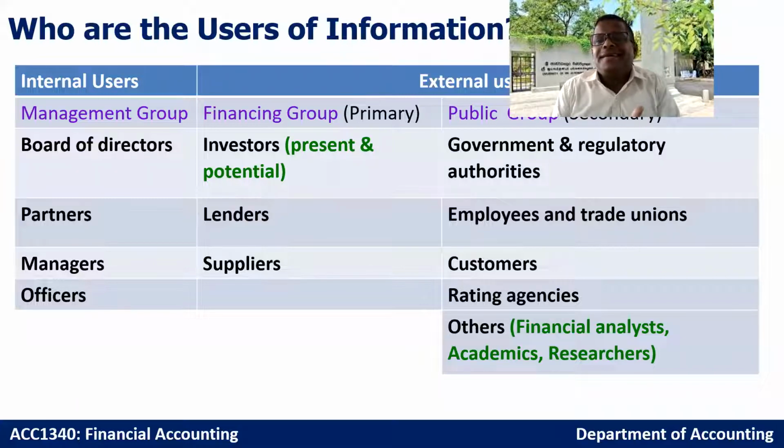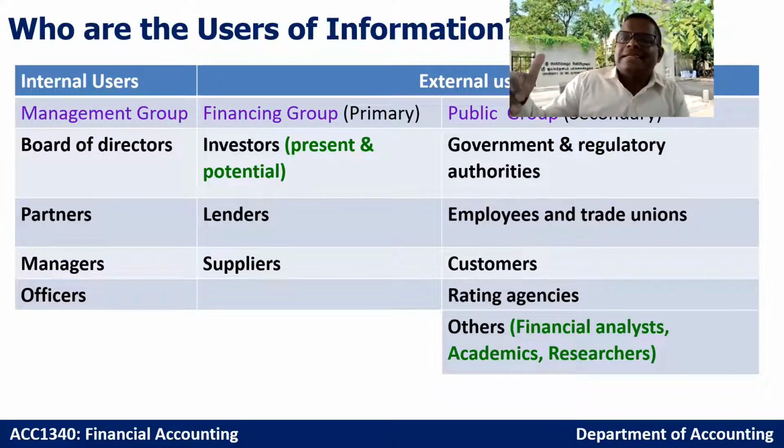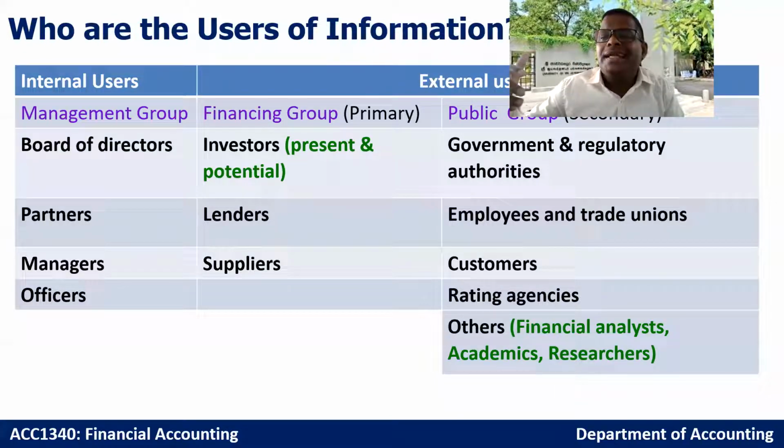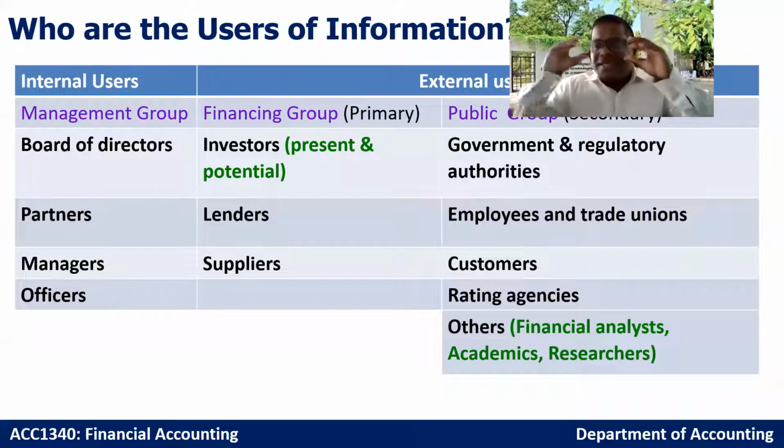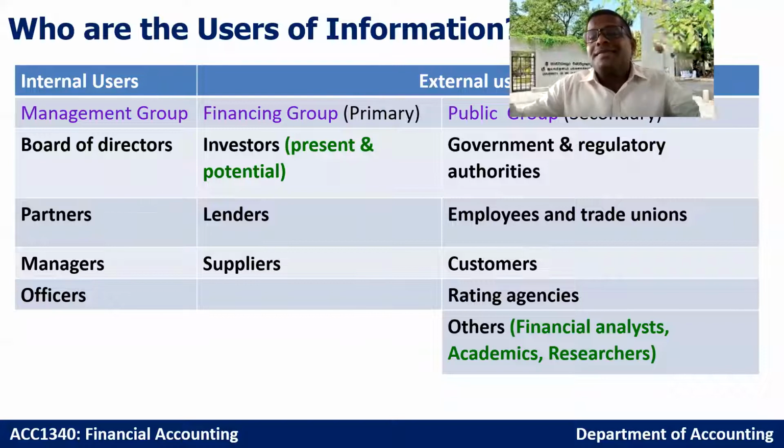So thereby we can classify, but if you look at it logically, the classification of internal and external, or primary and secondary, is not relevant, because those organizations have no need of preparing general purpose financial statements or following accounting standards.